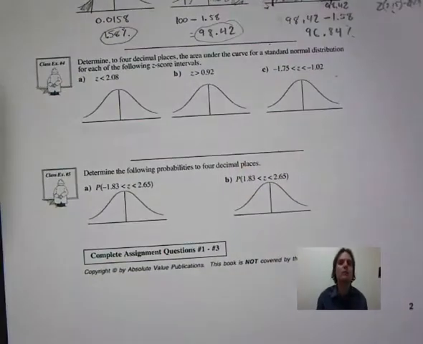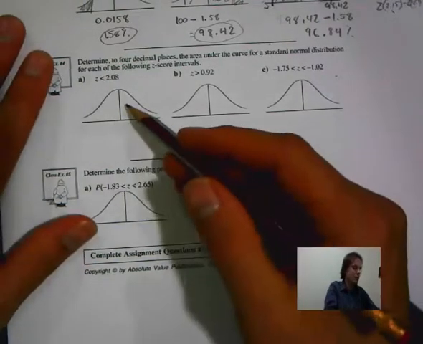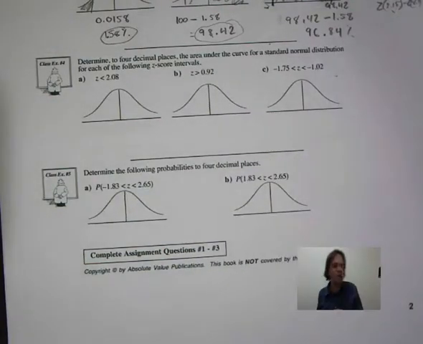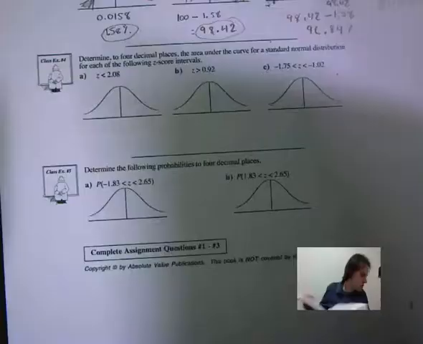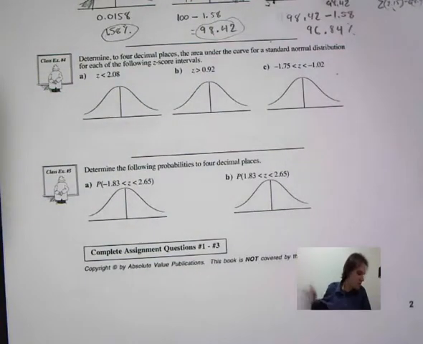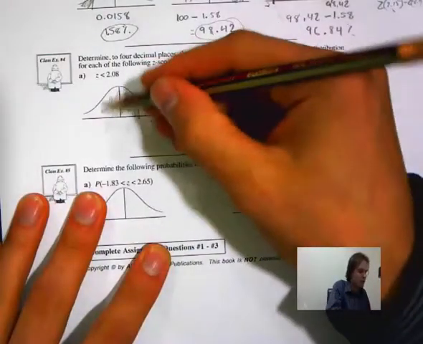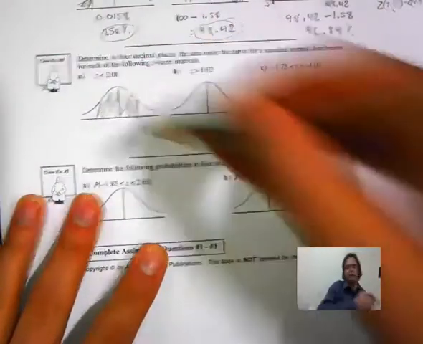Okay, example number 4. Determine to 4 decimal places the area under the curve for the standard normal distribution for each of the following. So now here we want where Z is less than 2.08. It just wants the area under the curve. So Z is less than 2.08, somewhere over here, and we want everything less than 2.08.